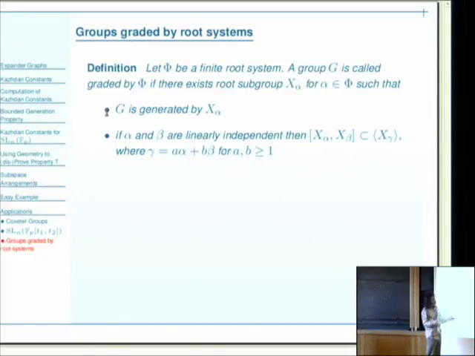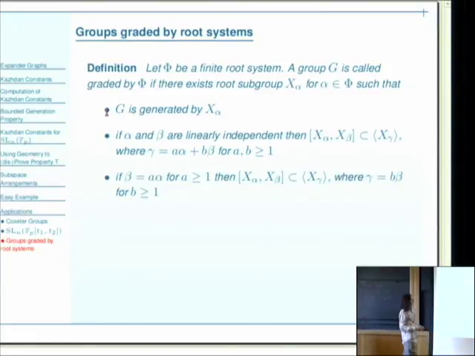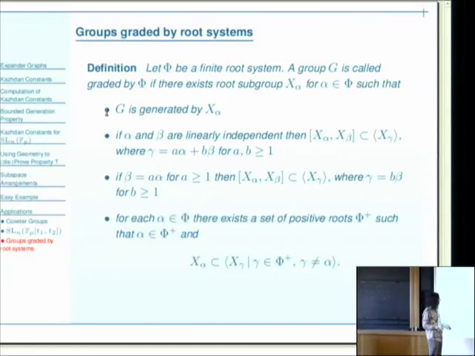The second one is if you take two root subgroups, their commutator is somehow inside the group generated by positive combinations of these roots. If you have roots which are multiples of each other, you have to modify this a little bit, not a big deal. And you have extra technical conditions which I'm not going to specify. But essentially this is saying the group is well connected, like you can go from one root subgroup to another.